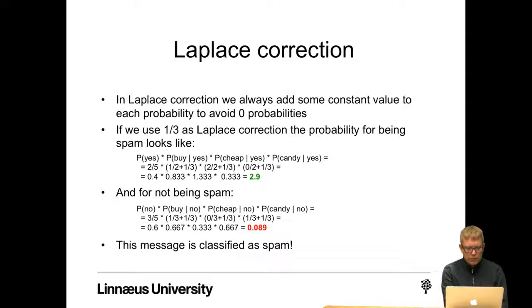Buy given no, that's 1 divided by 3 plus the constant. Cheap given no is 0 divided by 3 plus the constant, and candy given no is 1 divided by 3 plus the constant. And that ends up in 0.089. So in this case, it's pretty clear that this message will be classified as the yes category, classified as spam.